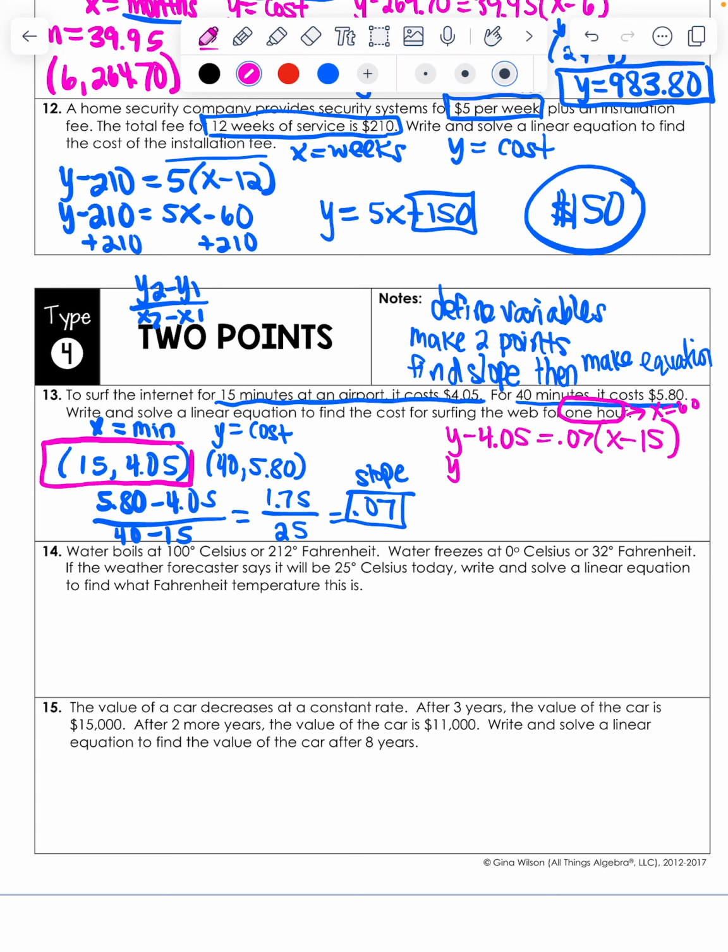So what we would do is take this equation, replace in 60 for x, and then solve it out. So 60 minus 15 is 45. .07 times 45 is 3.15.